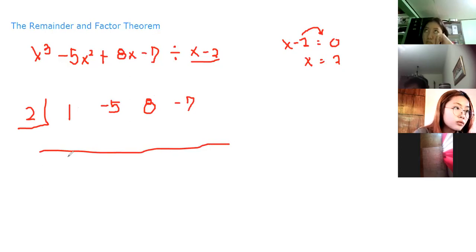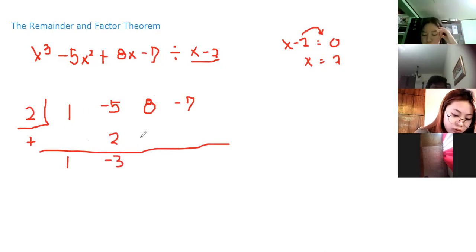We have 1, bring down 1. 1 times 2, that is 2. So, 2 plus negative 5. So, kapag synthetic division, plus tayo, diba? Pag long method, minus. Pag synthetic division, plus. Negative 5 plus 2, that is negative 3. Then, negative 3 times 2, that is negative 6. So, 8 plus negative 6, that is positive 2.